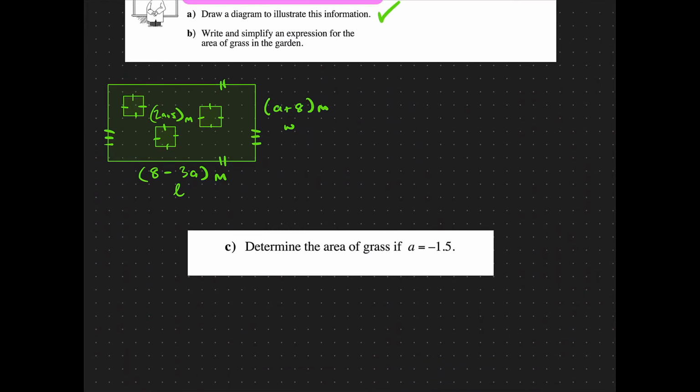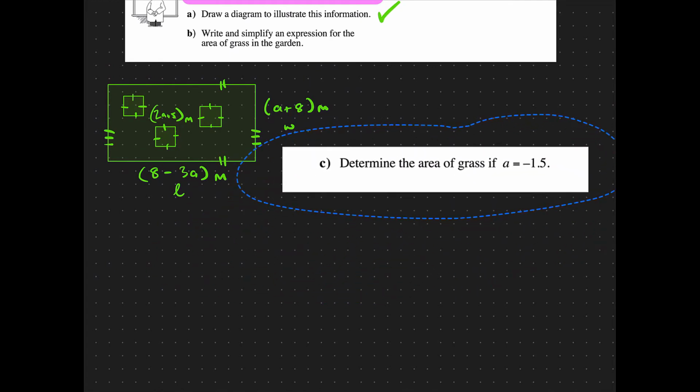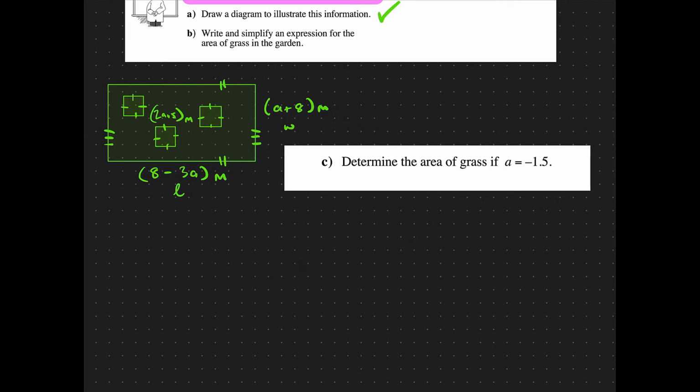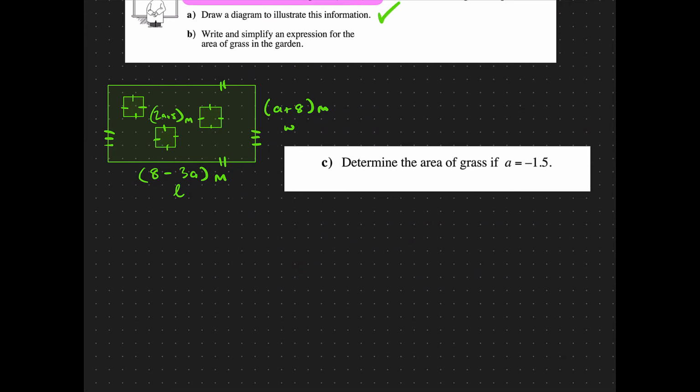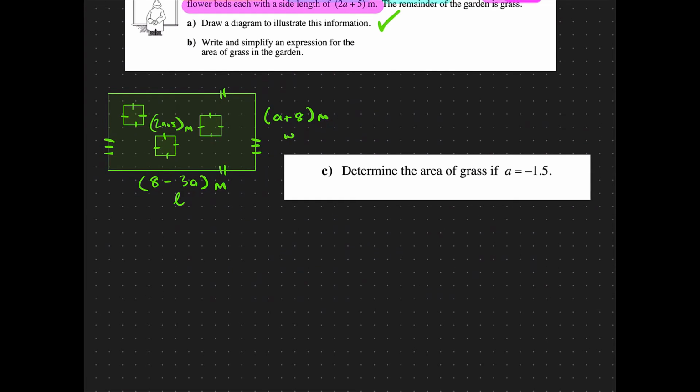So we'll do that, and then it says right here to determine the area of the grass if a was to equal negative 1.5. Okay, so it's going to be the area of the big rectangle, and that is going to be length times width, which is 8 minus 3a times a plus 8.